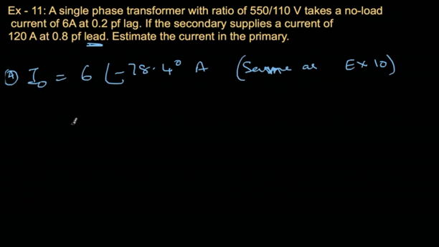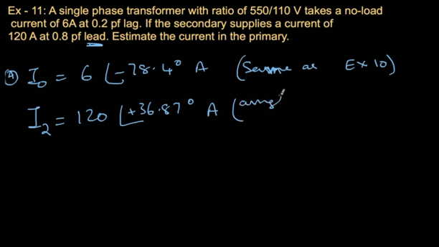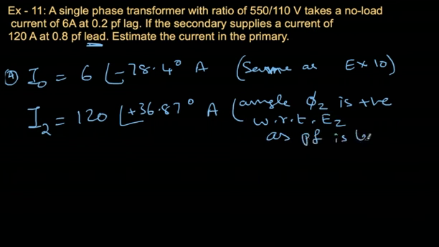Now I2 is different. I2 is 120 amperes, so the voltage is 110 at 0.8 power factor leading. So it will be 120 amperes at plus 36.87 degrees, because angle phi 2 is positive with respect to E2 as the power factor is leading.